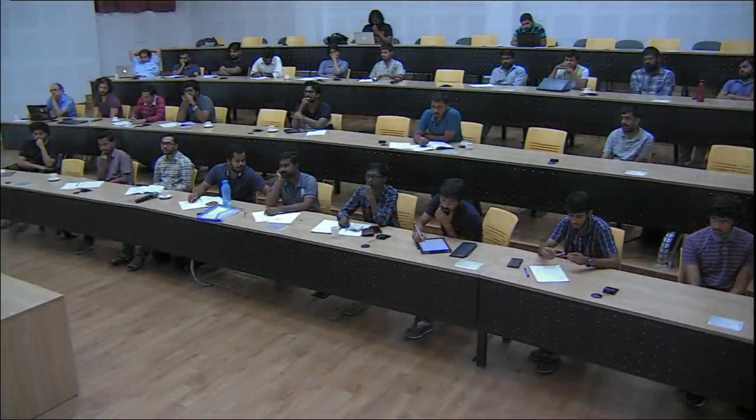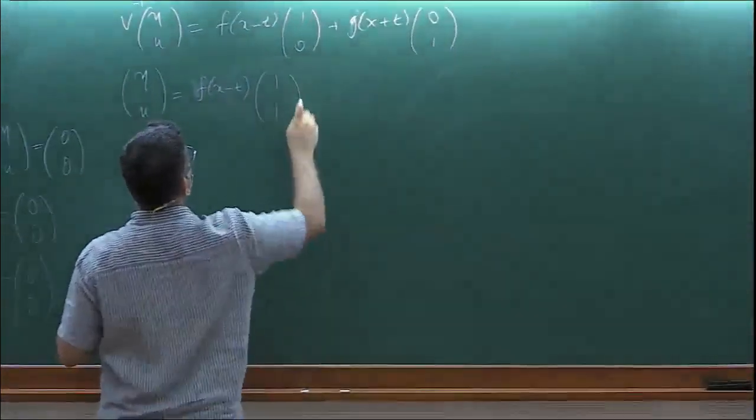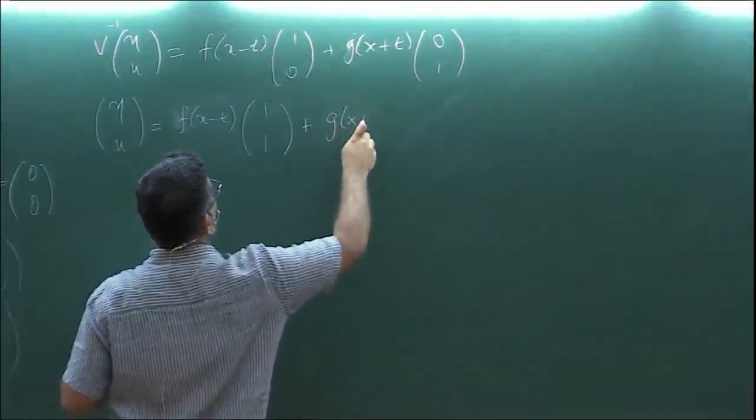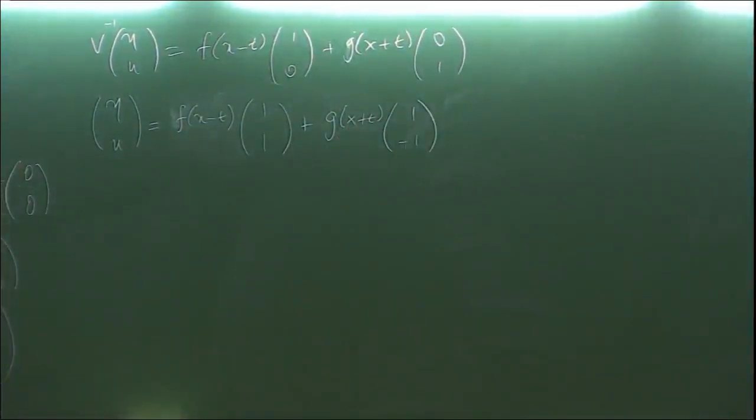Okay, so we can write this, in other words, as f of x minus t times (1, 1) plus g of x plus t times (1, -1). Right, that's my general solution. Notice where the eigenvalue went.